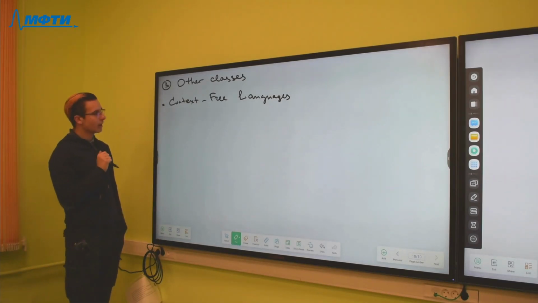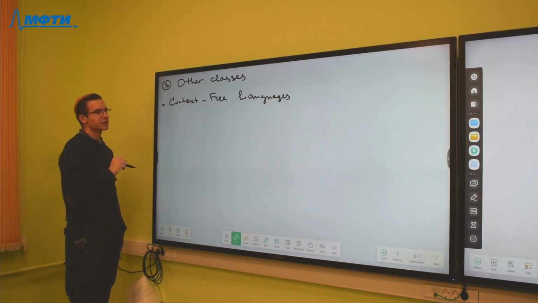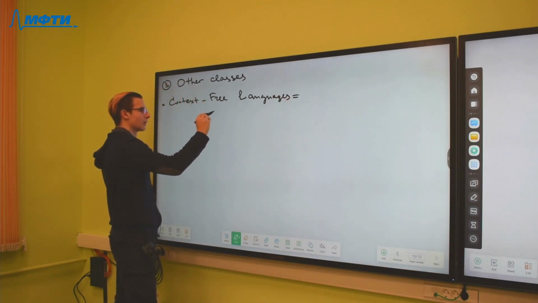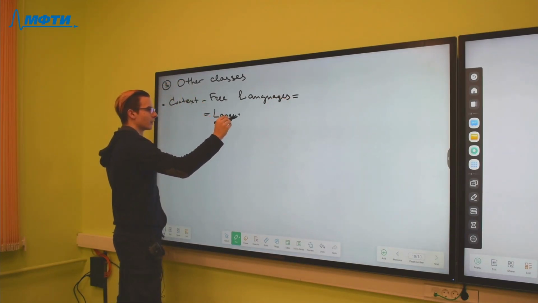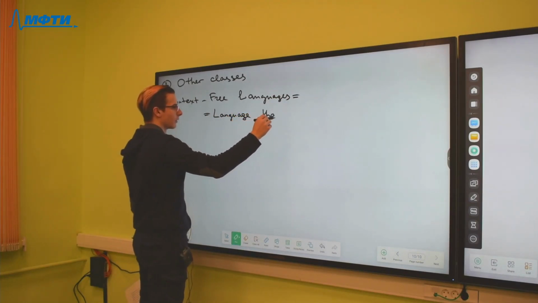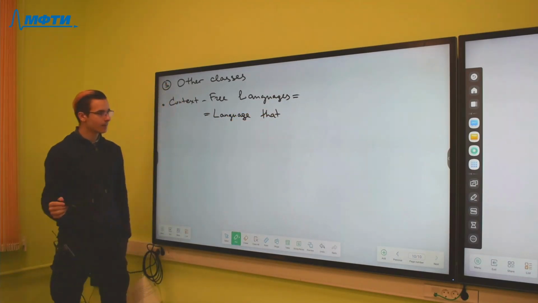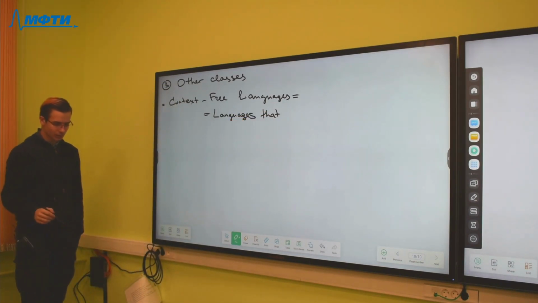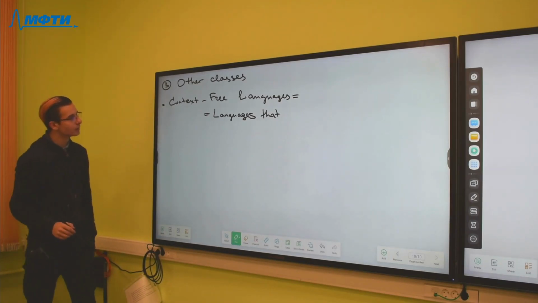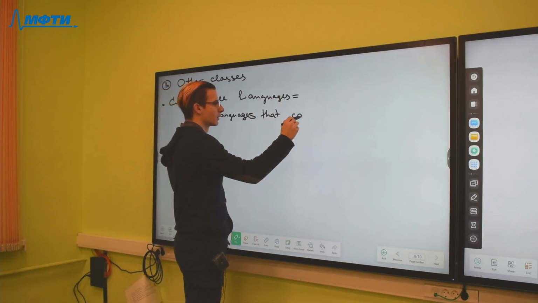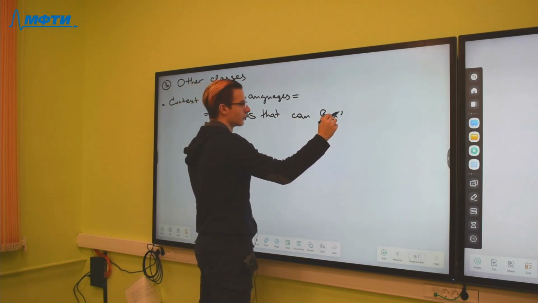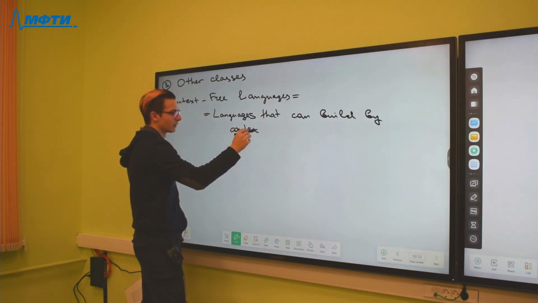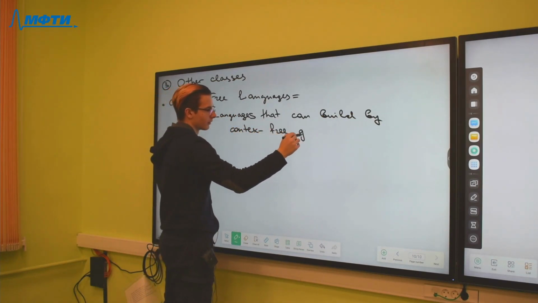For example, context-free languages are languages that can be built by a context-free grammar.